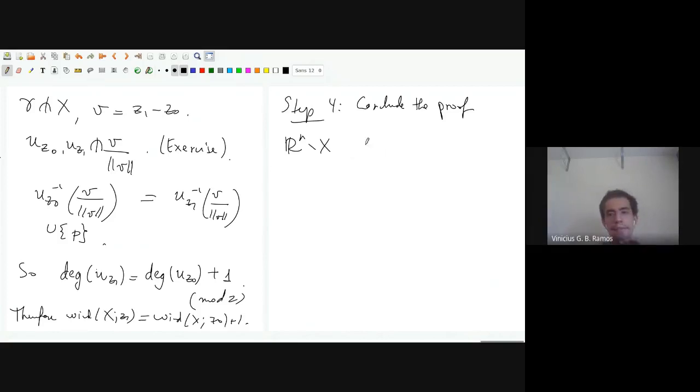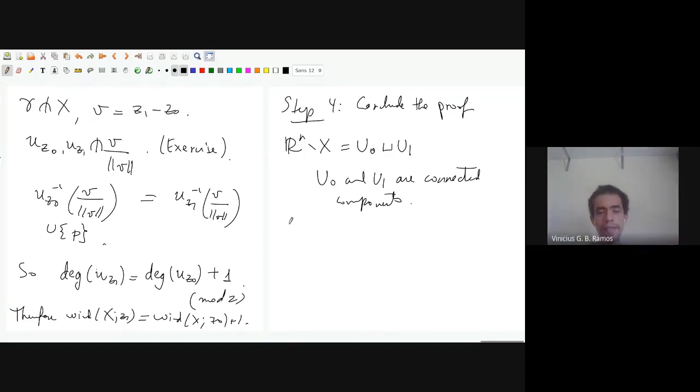That implies you actually have this disjoint union, and you have at most two connected components. So U0 and U1 are the connected components.